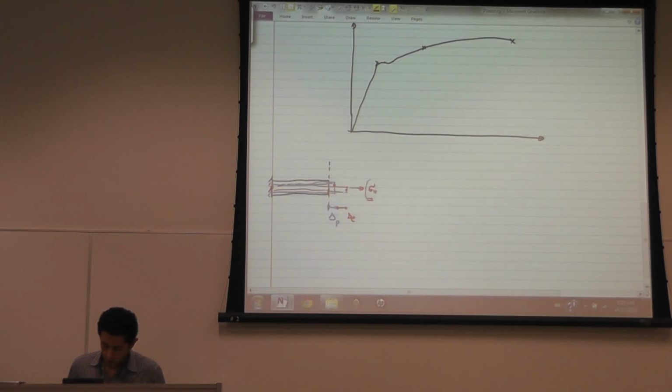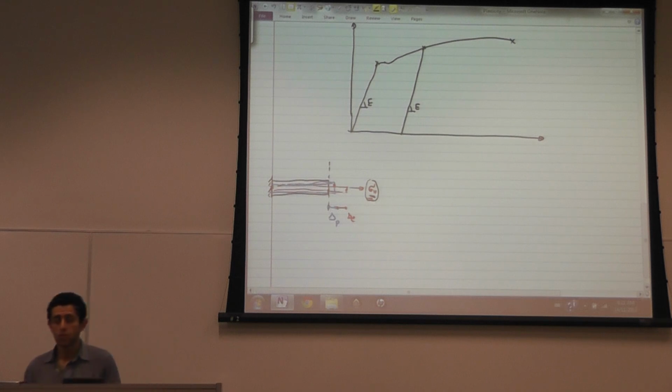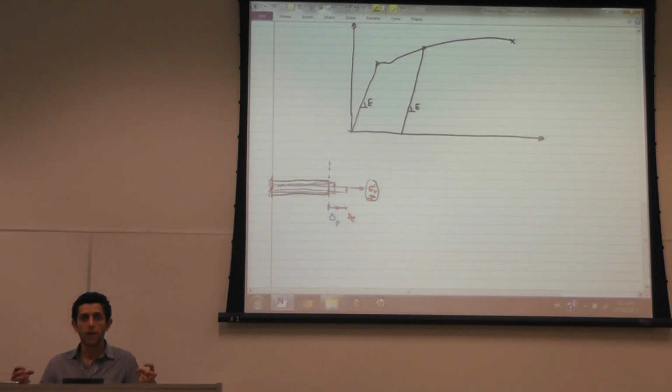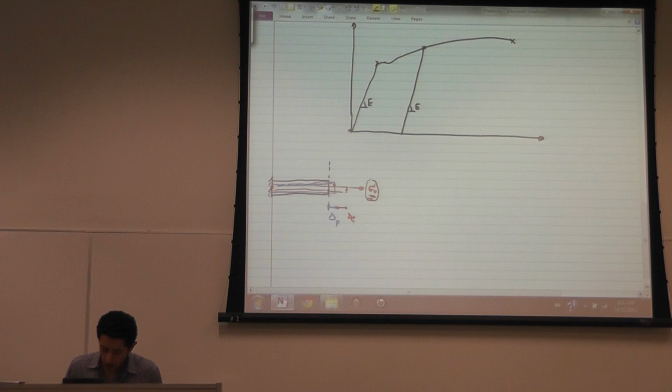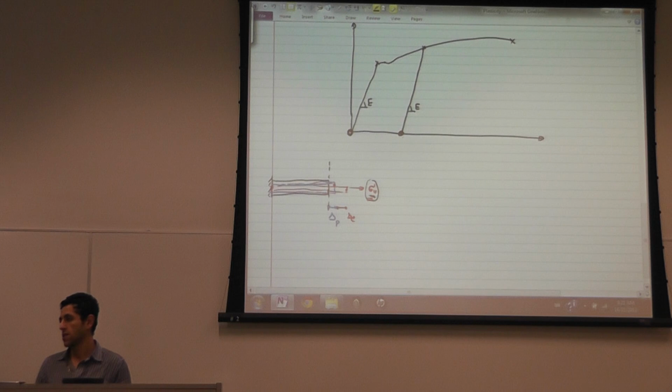The moment I remove sigma 1, I'm going to find the relationship between the sigma 1 and the strain follows the same slope as the initial slope. So you deform the material into a new state, and then in that new state, the material is still behaving elastically, but its zero state has changed. Instead of this being its zero state, now this point is its zero stress state.